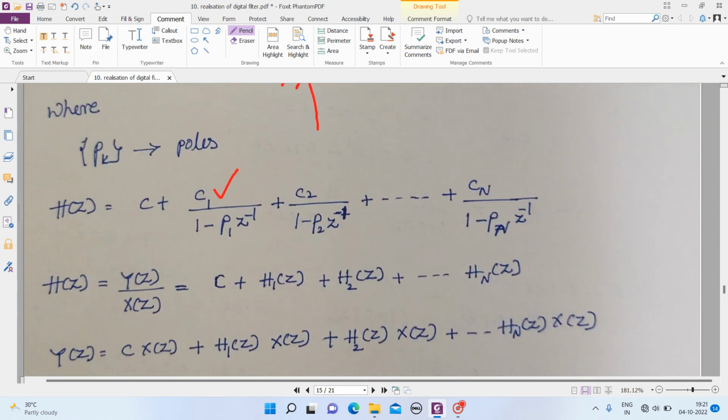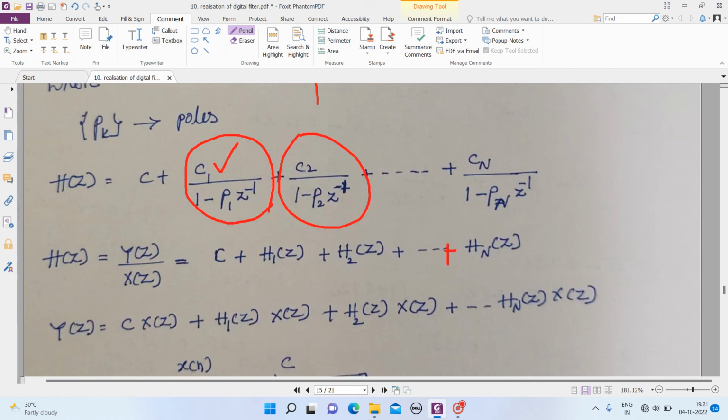These are the individual transfer functions, H1 of z and so on. So H of z is equal to c plus H1 of z plus H2 of z plus up to H subscript N of z.